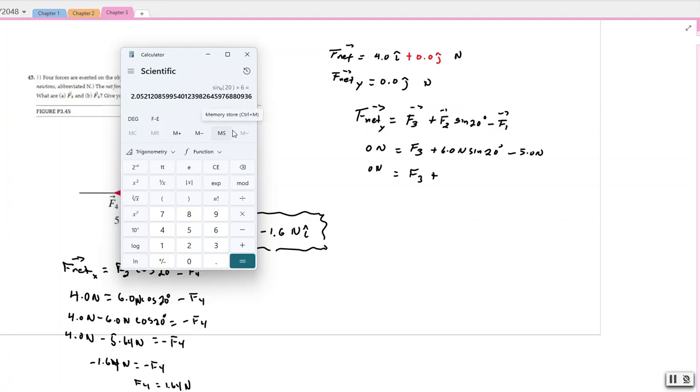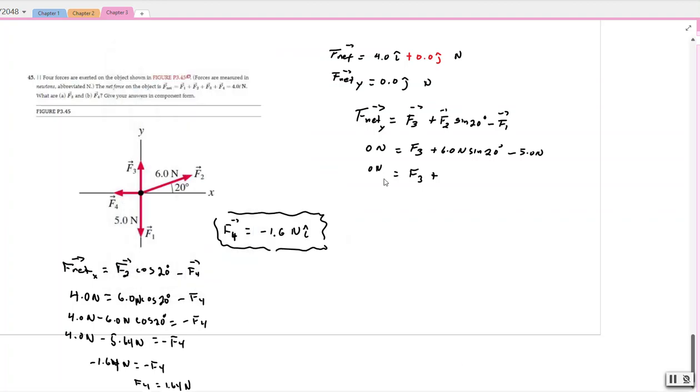This is 2.05 newtons, about 2.1 newtons, minus 5.0 newtons. So we have here 0 newtons equals F3 plus 2.1 minus 5.0, which will be minus 2.9 newtons. I will be adding 2.9 to both sides, so we get that 2.9 newtons is equal to F3.